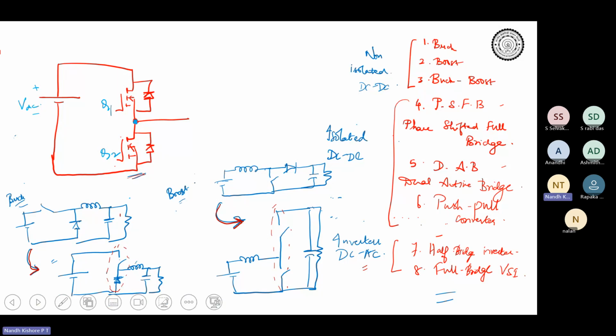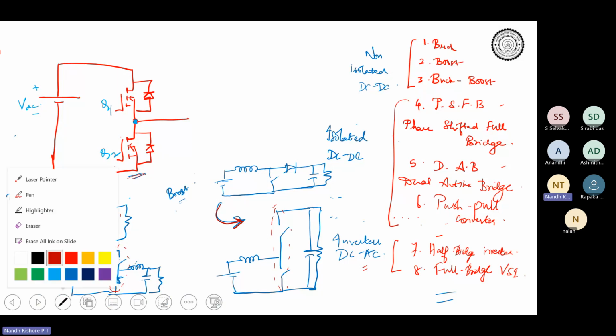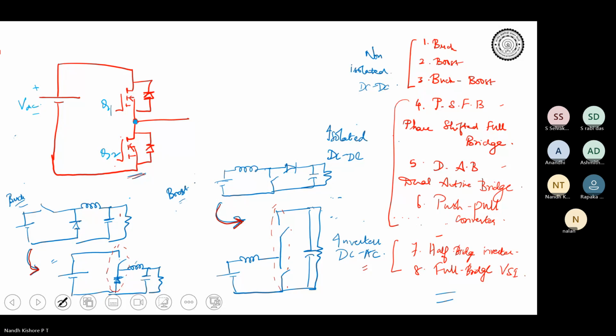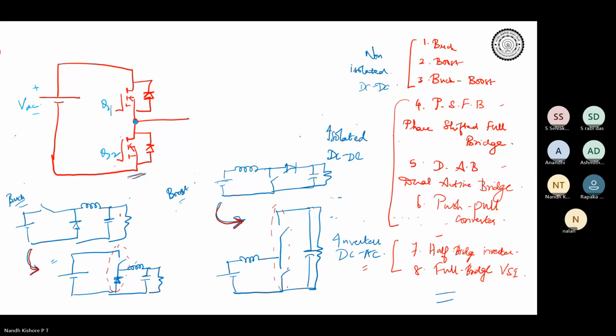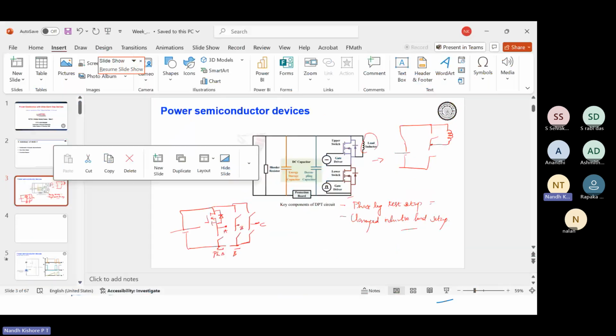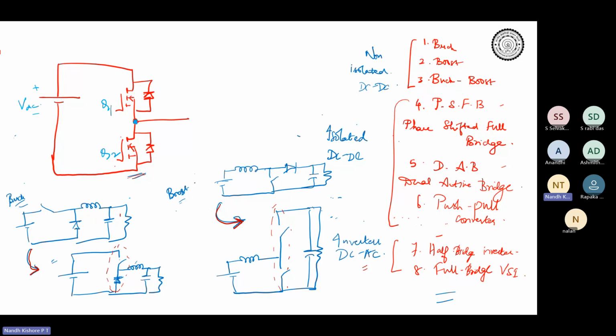It is going to look something like this: you will have a half bridge over here, and then you might be having the load across this.